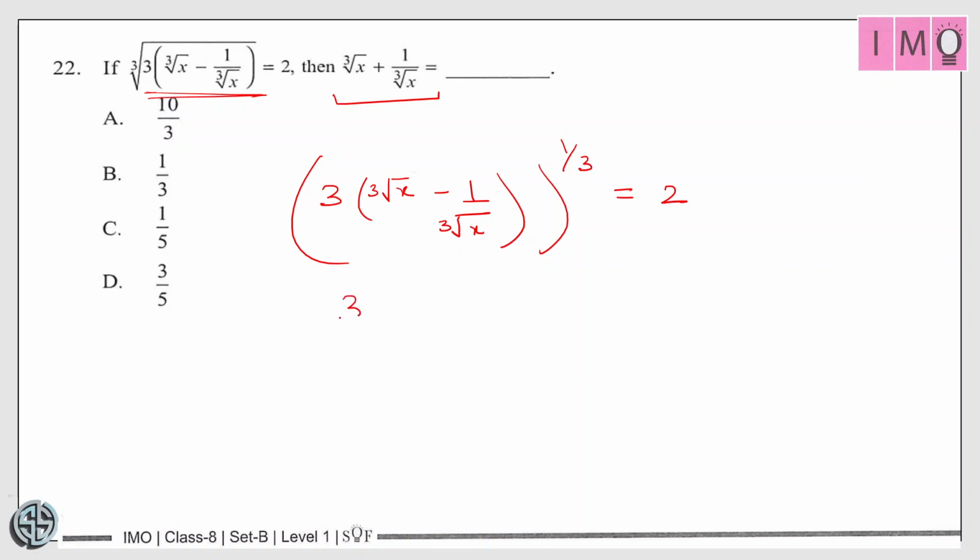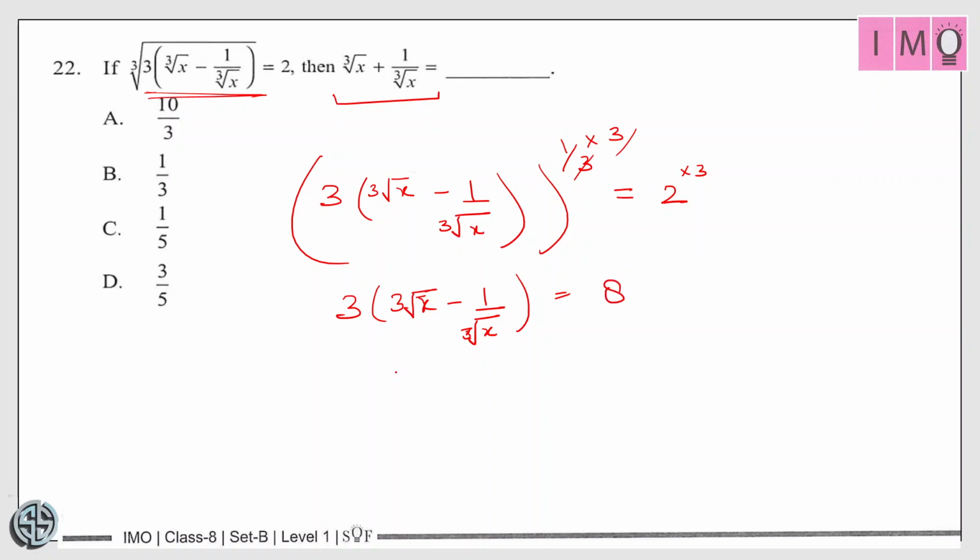So when you multiply with the power 3 on both the sides, you will find 3 into cubic root of x minus 1 upon cubic root of x will be equal to, because I am just raising to the power 3 on both sides, 3 cancels out, and 2 to the power 3 becomes 8.